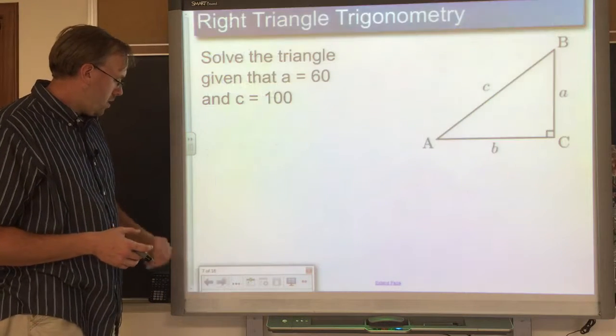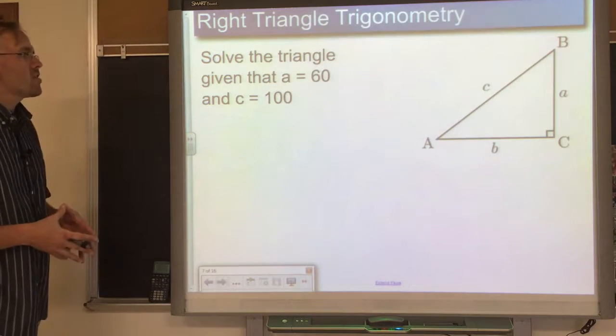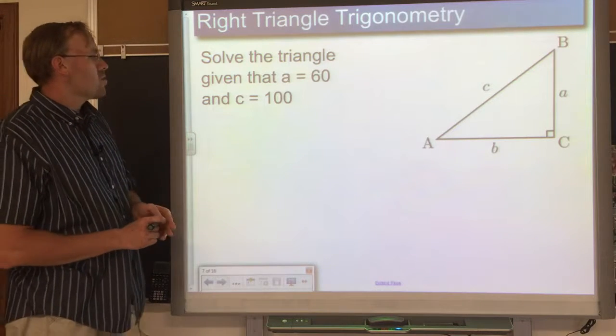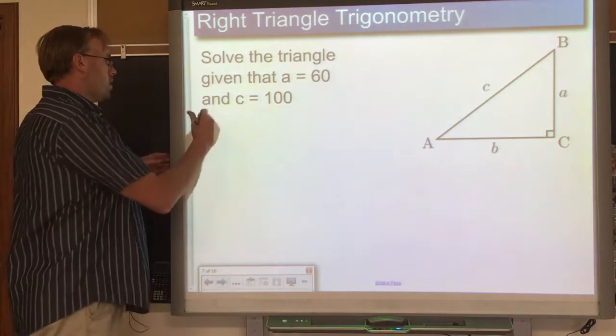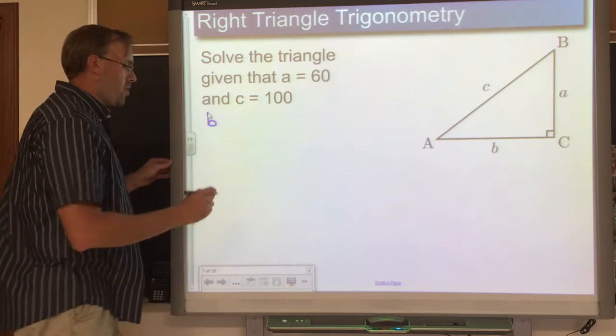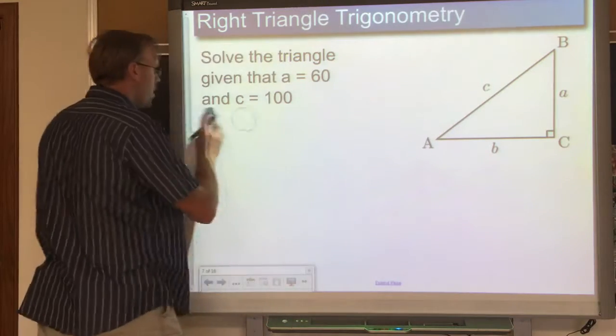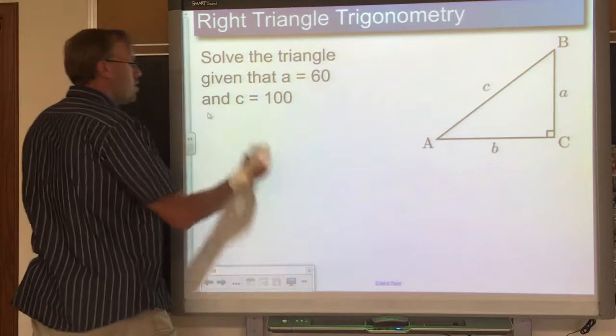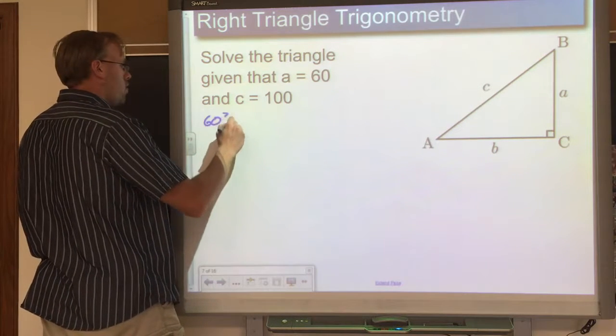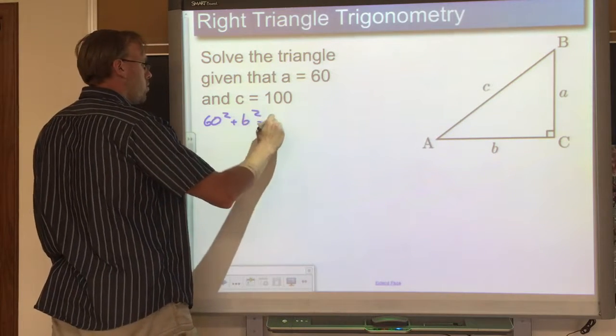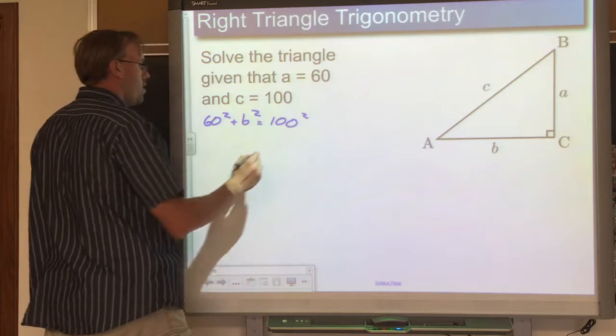Let's try a different one. This time we have two sides. A is 60 and C is 100. Well, here we can definitely use the Pythagorean theorem to find the other side. So 60 squared plus B squared equals 100 squared.